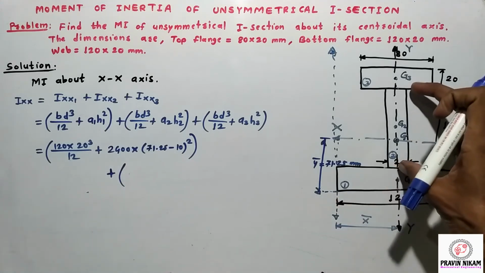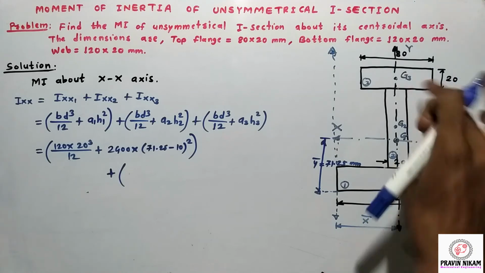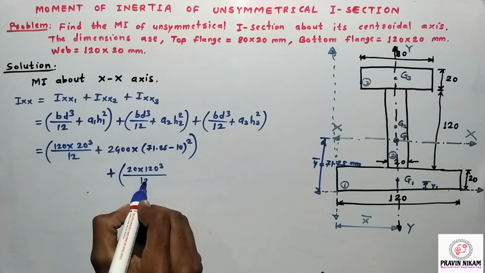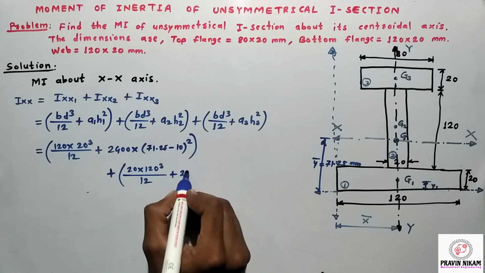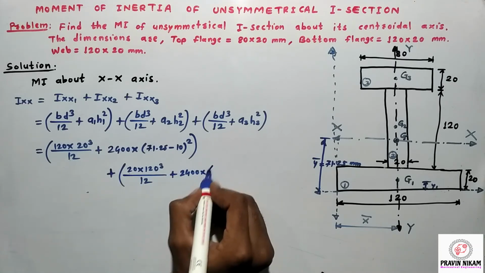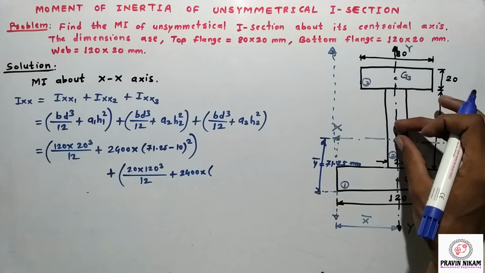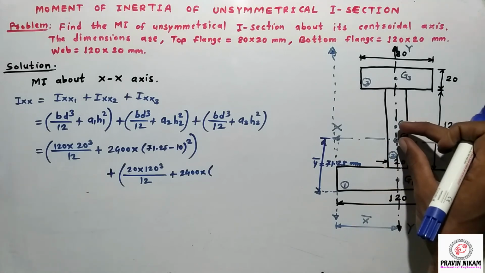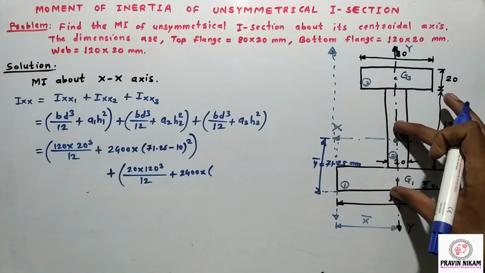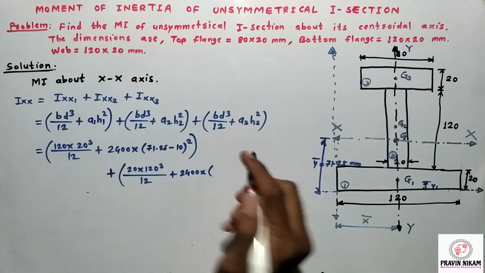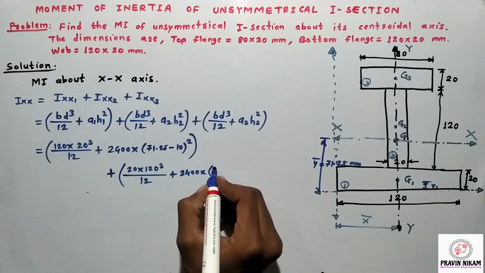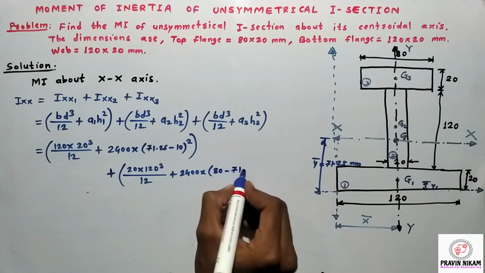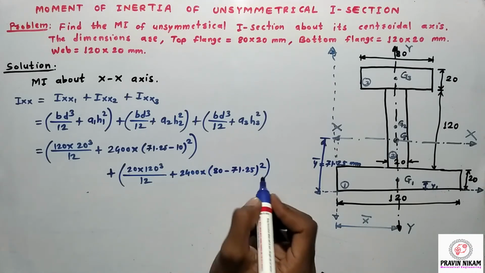Now for section 2, B is 20, D is 120. So 20 into 120 cube divided by 12 plus A2, which is 2400, into H2, the distance between G2 and this centroidal axis. This is Y2 and this is Y bar, so Y2 minus Y bar. Y2 is 80 mm minus Y bar 71.25, bracket square.